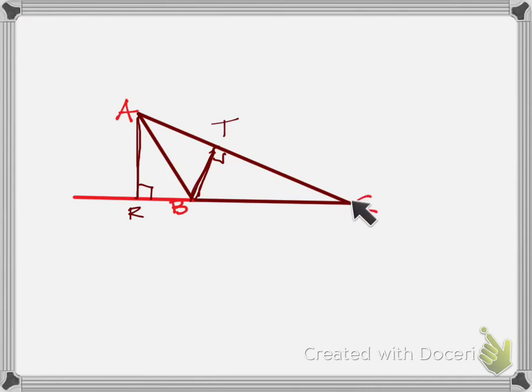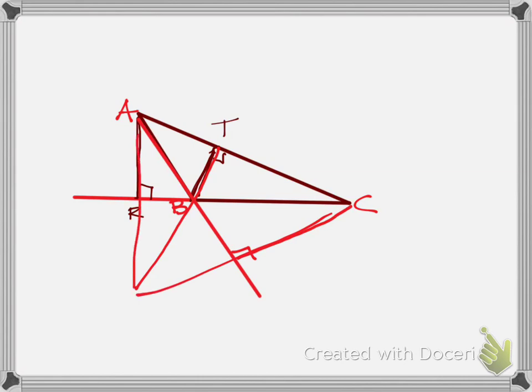So what I'm going to have to imagine is coming straight down this way and intersecting this line way out here outside the triangle. So I'm going to extend line AB, and then I might be able to imagine drawing an altitude this way. And then if you extend all three of these altitudes down, you will see that they meet outside the original triangle.